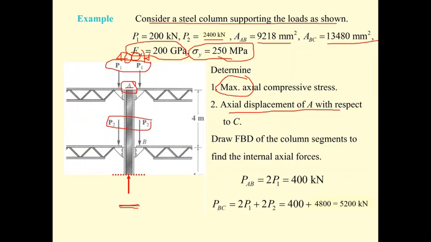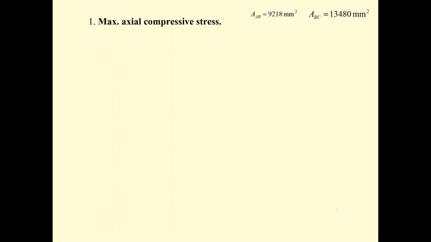For column BC, we cut it here. We have a force here of 400 kilonewton, and over here of 4,800 kilonewton. So the total is going to be 5,200 kilonewton.